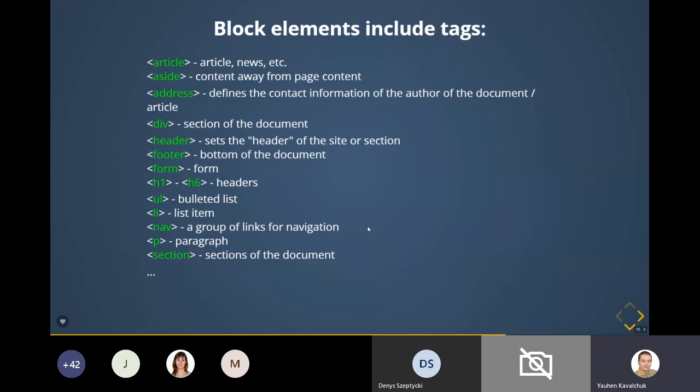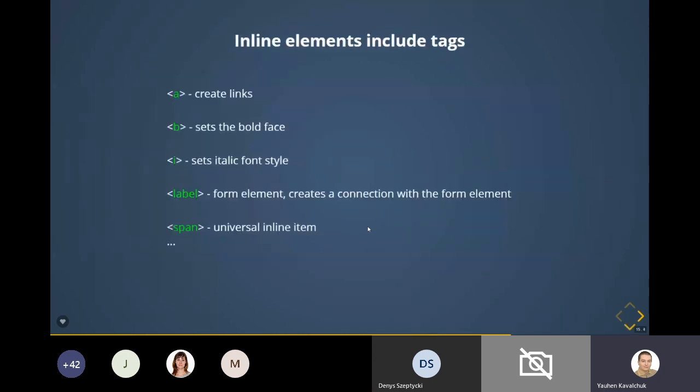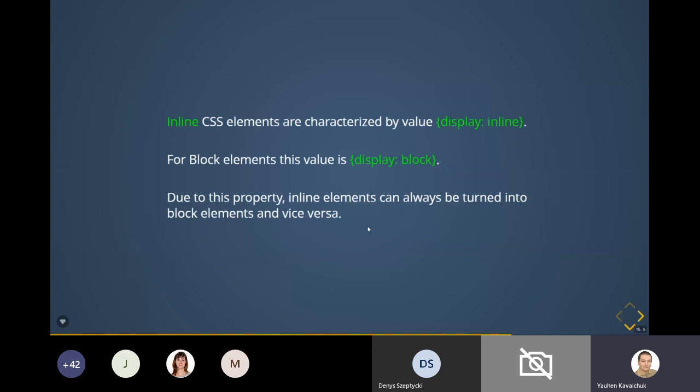I would say that we have a lot of block elements, and it's much better to remember inline elements. But it's not very important, because when you start to create your layout, you will understand it, because you will see the behavior of block and inline elements.